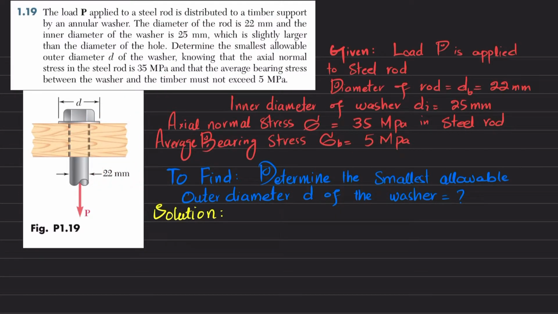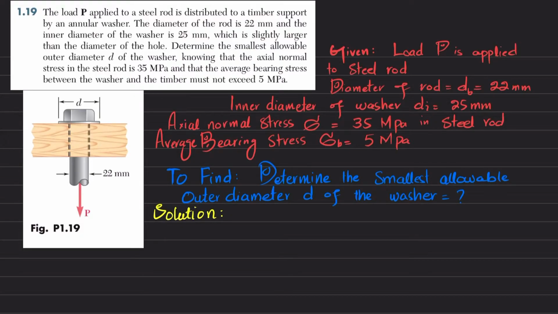You have to find the outer diameter D of the washer. The axial normal stress in the steel rod is 35 megapascal, while the average bearing stress between the washer and timber is 5 megapascal.